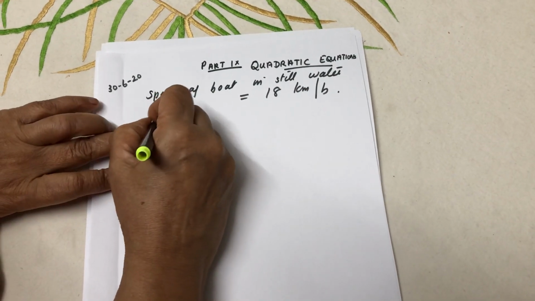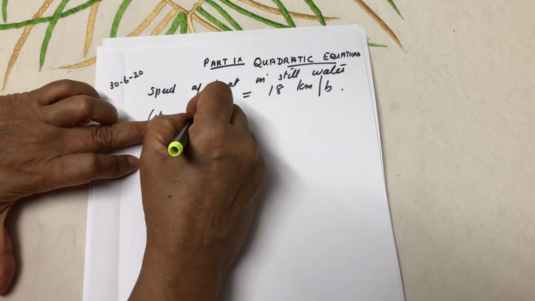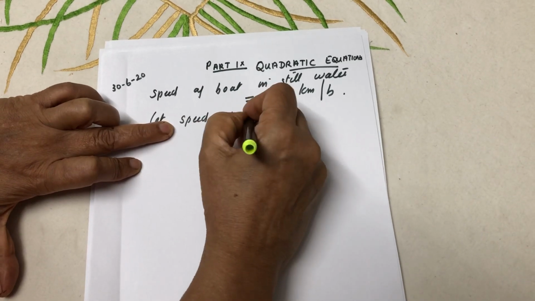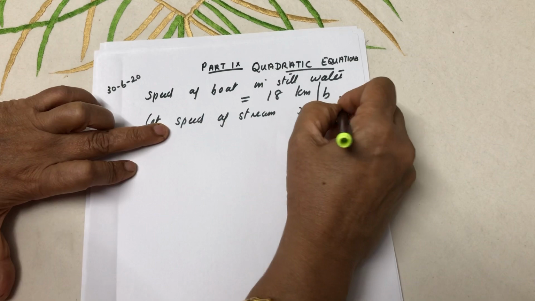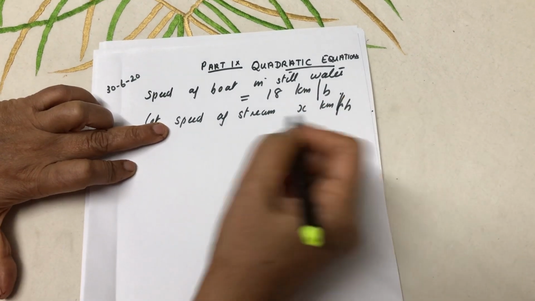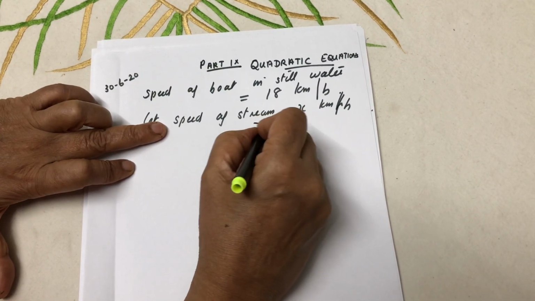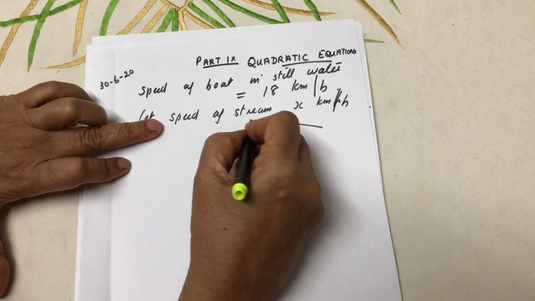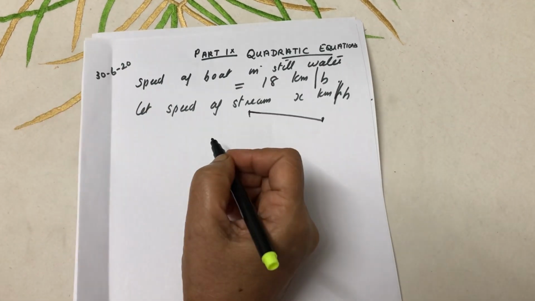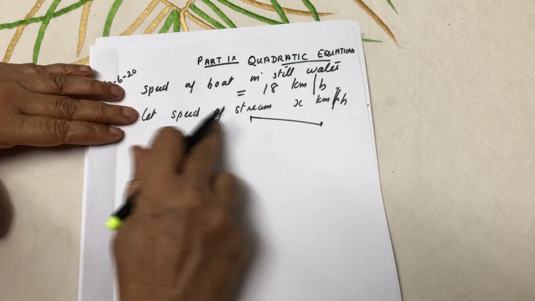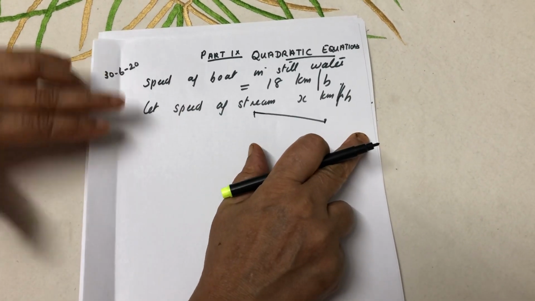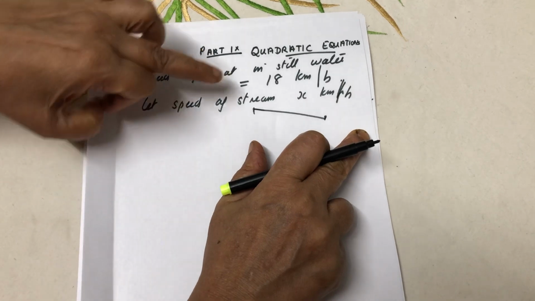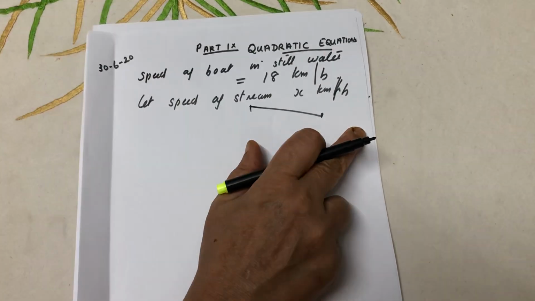So let us consider the speed of the stream is x km per hour. You know that if it is moving downstream, then the speed of the boat is increasing. That means the speed of the boat in downstream is the speed of the boat plus the speed of the stream.